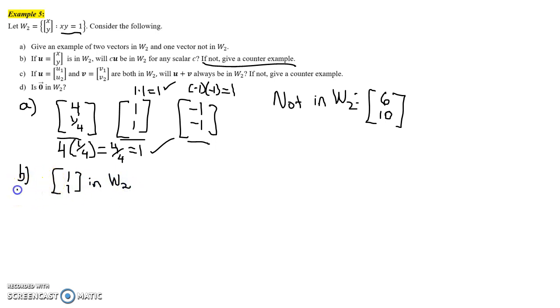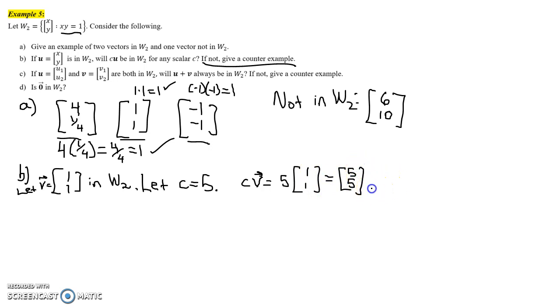Let's let v equal this vector, and let's let our scalar c equal, let's say, 5. Then c times v in this case would be 5 times the vector (1, 1), which would be the vector (5, 5).